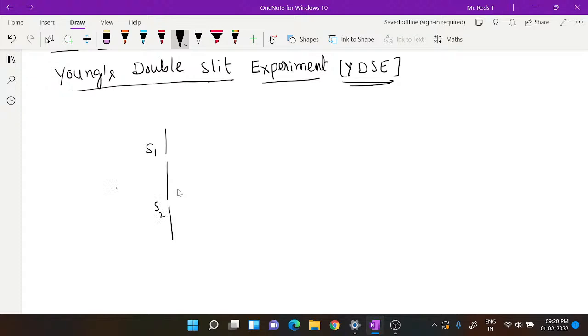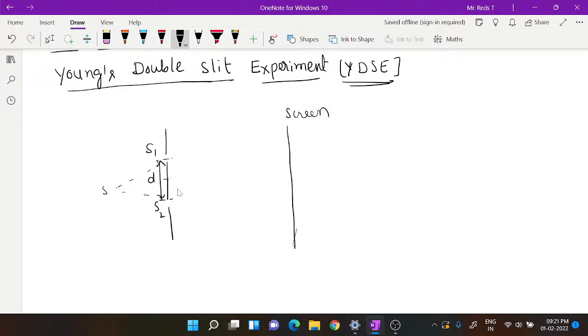The light from a given source is taken and allowed to pass through these slits, so that both have the same frequency. If you consider this the center of the slits, the distance between the slits is taken as small d. The waves from here and the waves from here interfere and give an interference pattern, which is caught on a screen.